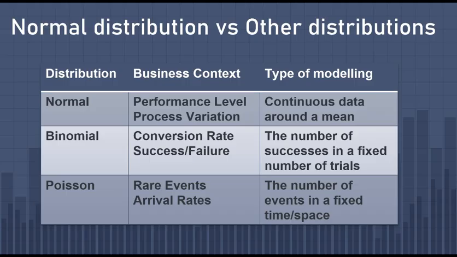So these are the basic differences between the normal distribution and the binomial and Poisson distributions. Binomial and Poisson both come from the discrete family of distributions, where the random variable x is count data, that is, the number of times an event occurs. And the normal distribution comes from continuous data like height, weight, performance level, demand, supply, etc.